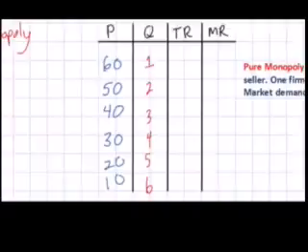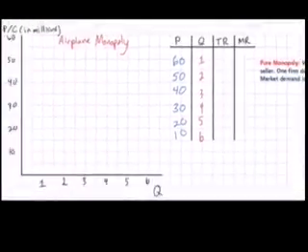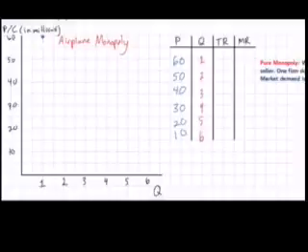So we can plot the monopolist's demand curve by plotting the points from the demand schedule in the graph on the left. So at $60 million, this firm and the industry as a whole can expect to sell only 1 airplane. But as the price of airplanes falls to 50, the quantity demanded will increase to 2 airplanes, and so on. We clearly have a linear relationship here between the price and the quantity demanded for airplanes.